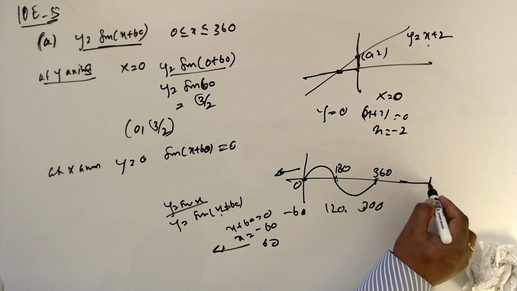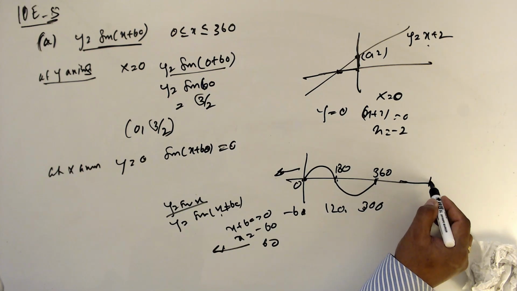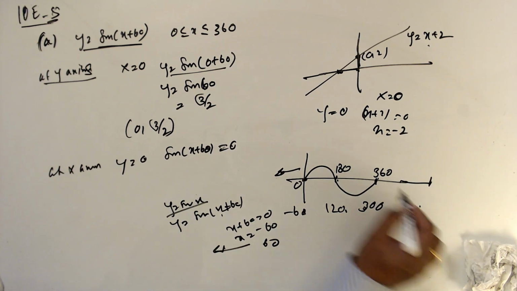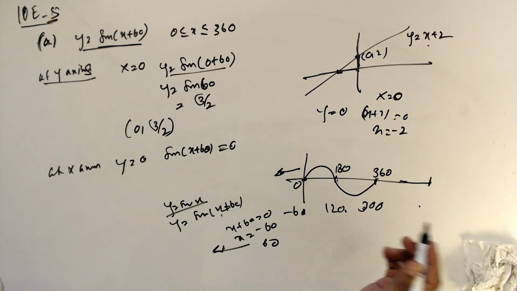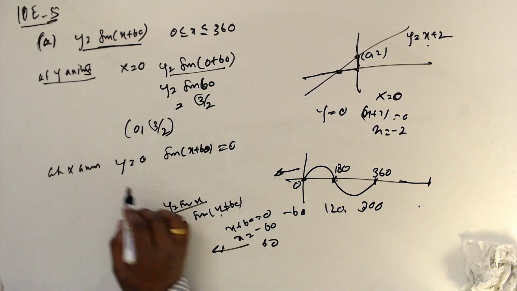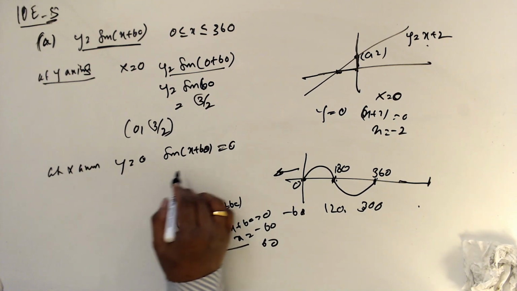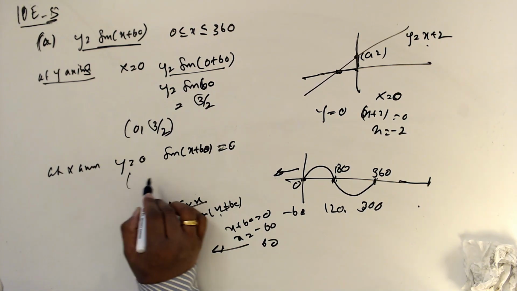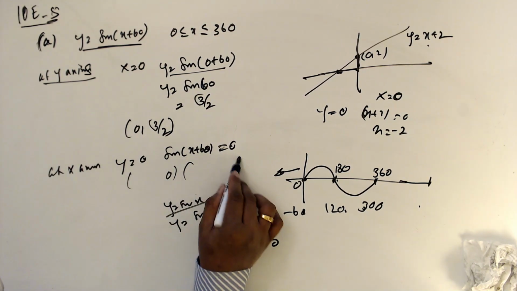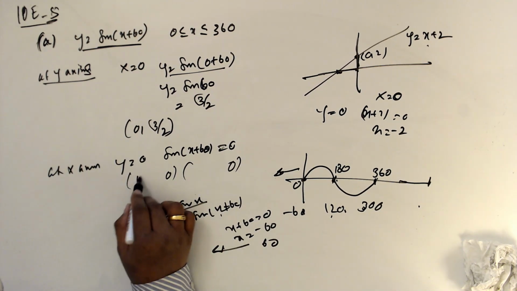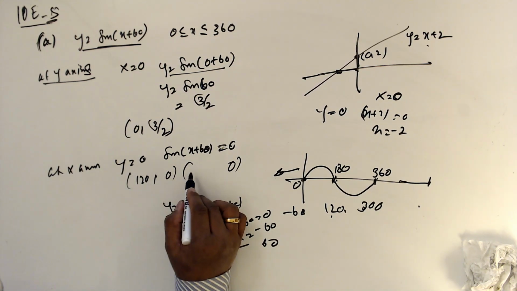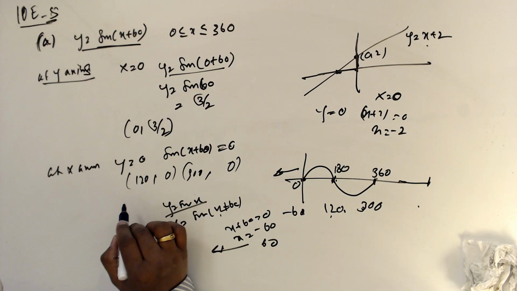And 540 minus 60, it is out of range, so we don't need. So then the angle is, y equals 0, but we have two answers, 120 and 300.